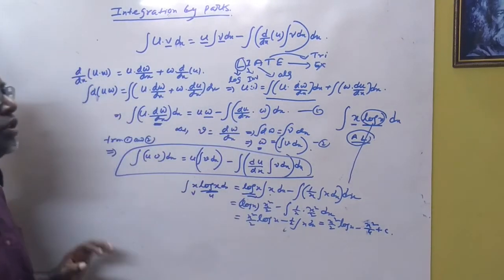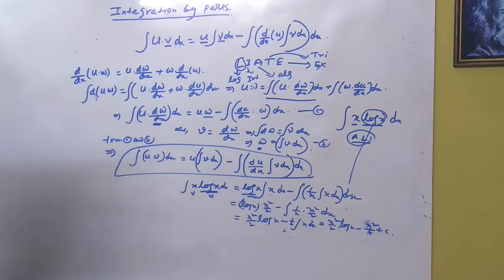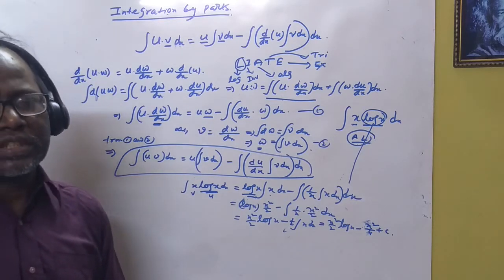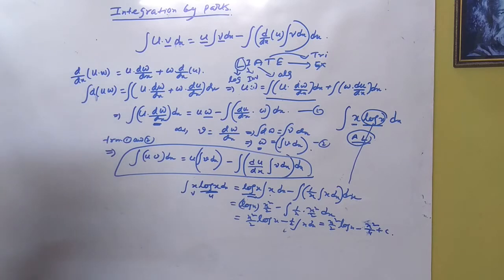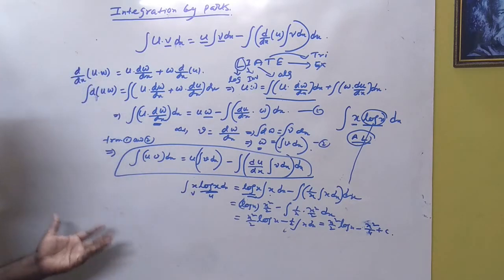So this is the procedure, and learn the word LIATE and follow the system. Then we easily get the answer by the method of integration by parts, and follow the rules of u and v. Now again, I want to give you some examples, like when you take logarithm or inverse functions, this is the method.